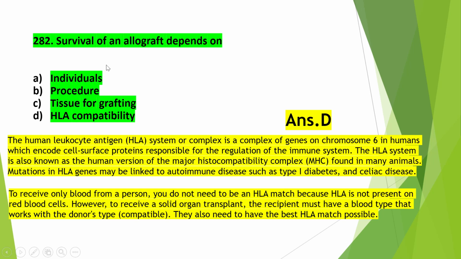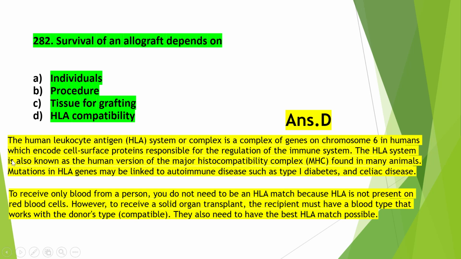Survival of the allograft depends on HLA compatibility, and HLA means the human leukocyte antigen. The HLA system or complex is a complex of genes on chromosome 6 in humans which encodes cell surface proteins responsible for the regulation of the immune system.